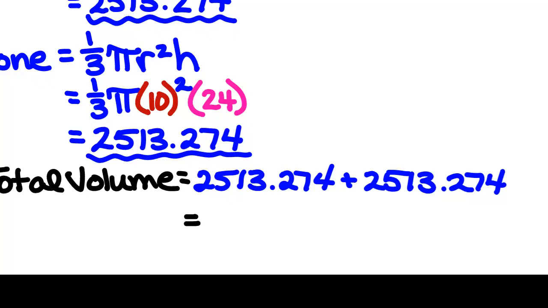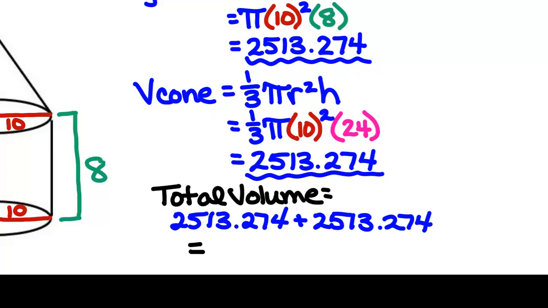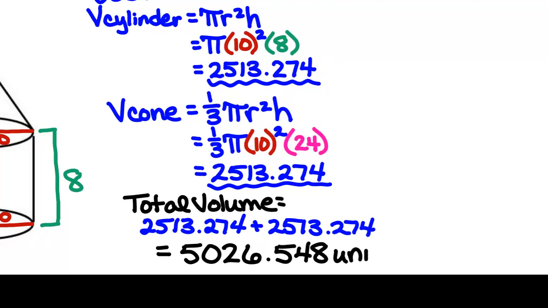And what do we get? Yes. Let me just scoot this down a little bit, because I don't have a ton of room for this. 5,026.548, and that would be units cubed.